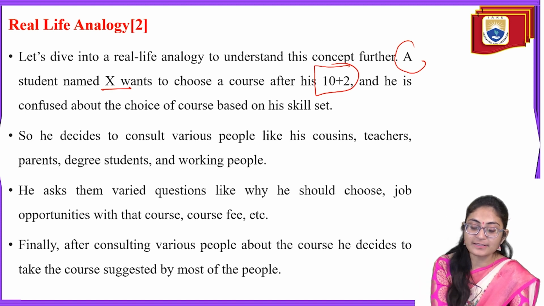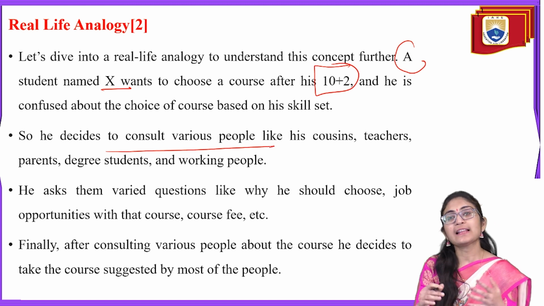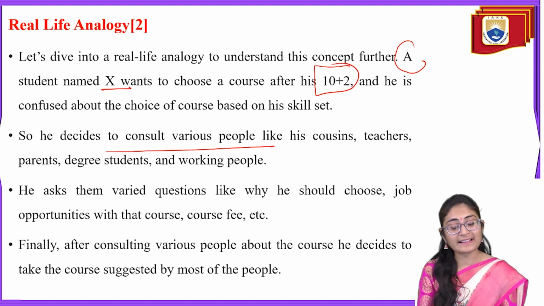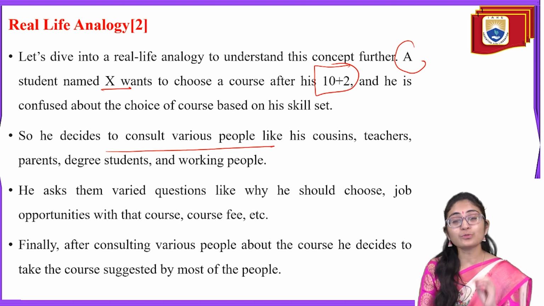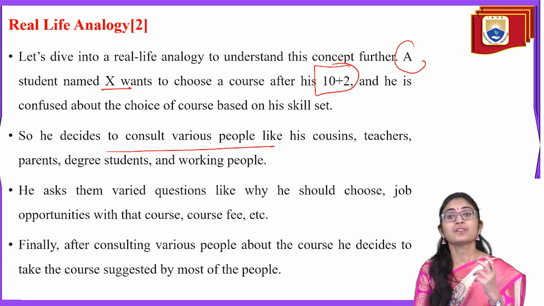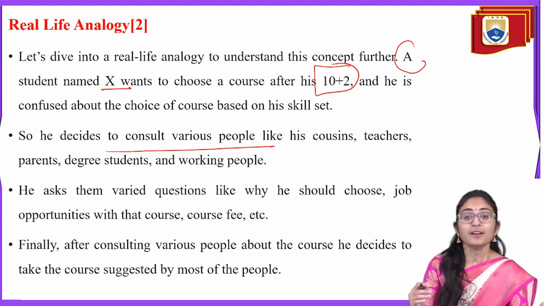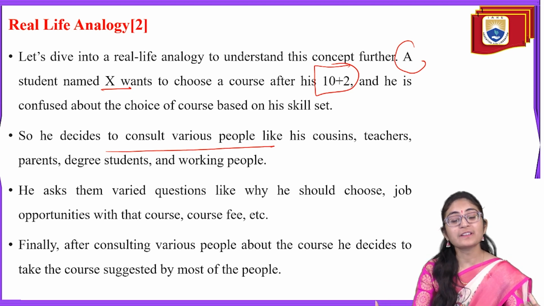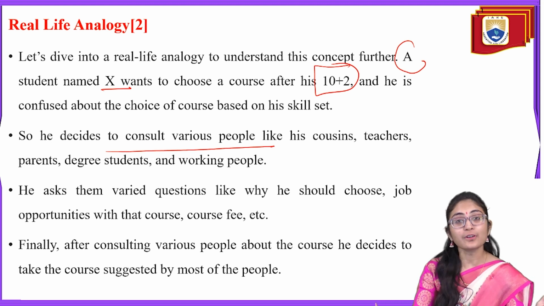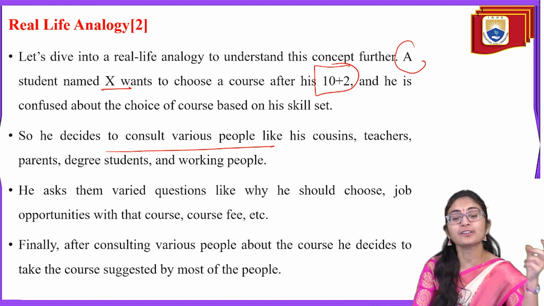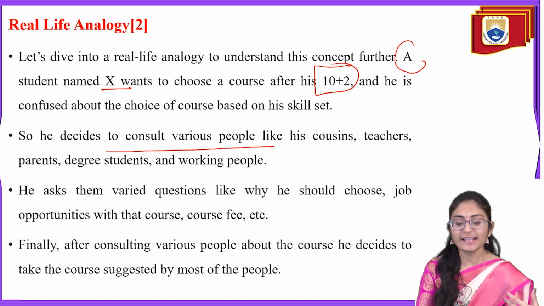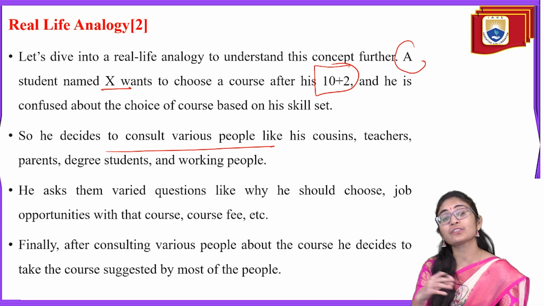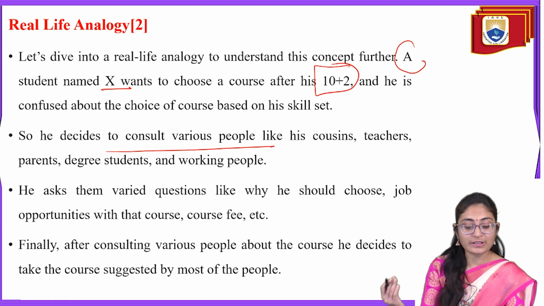So he decides to consult various people like cousins, teachers, parents, degree students, and working people. That means that particular student wants to choose one of the streams on the basis of his skill set. So for reaching a particular decision, he contacted so many persons, like cousins, teachers, parents, degree students, working people.